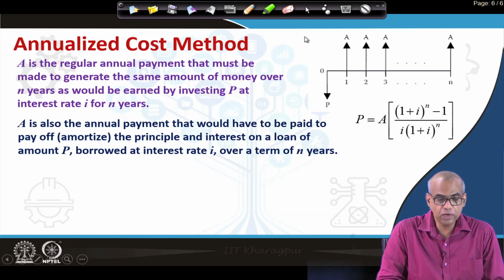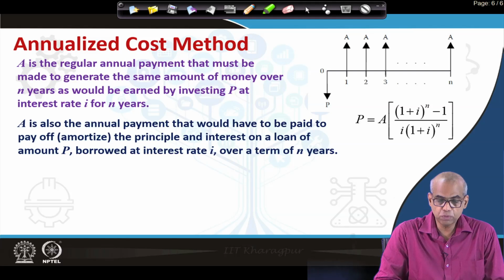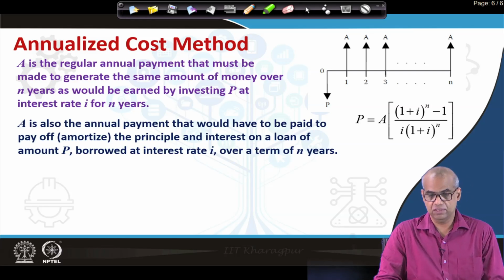A is also the annual payment that would have to be paid to pay off the principal and interest on a loan of amount P borrowed at interest I over a term of n years.